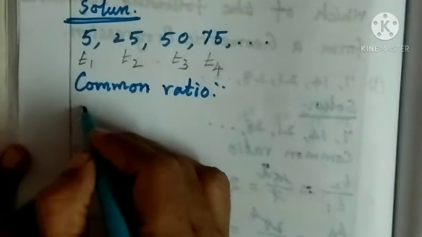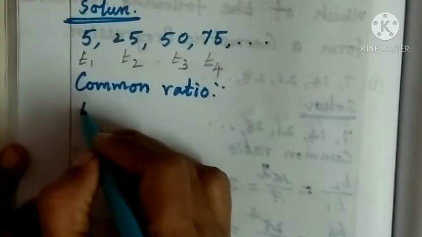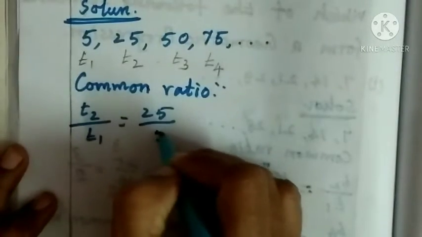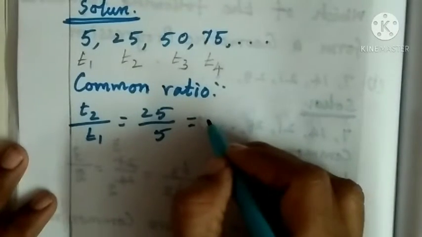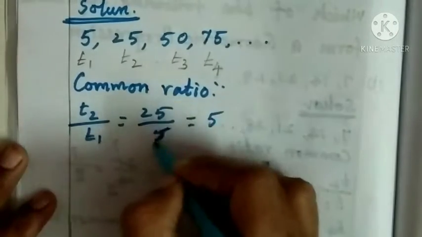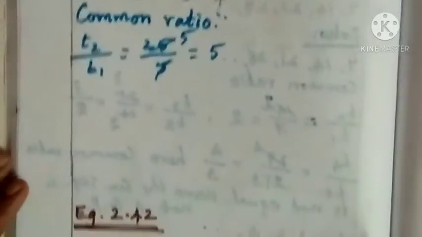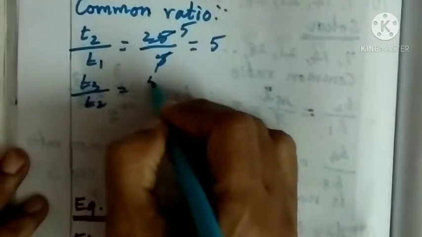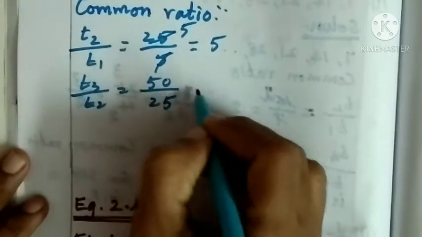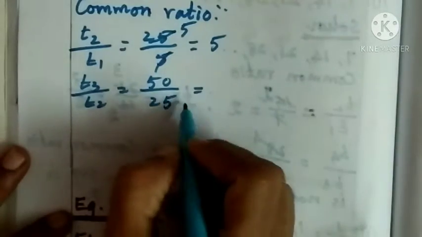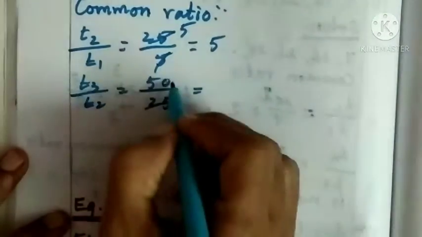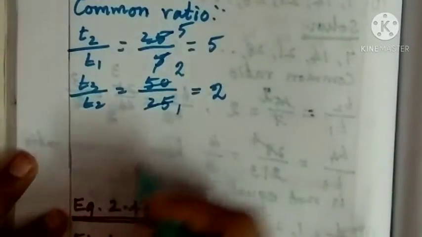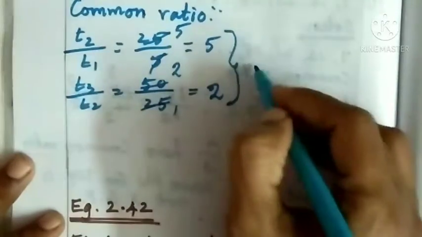That is, T2 by T1 is equal to 25 by 5. Cancelling by 5, we get 5, since 5 fives are 25. Then T3 by T2 is equal to 50 by 25. Cancelling, we get 2, since 2 twenty-fives are 50. Here the common ratios are not equal.